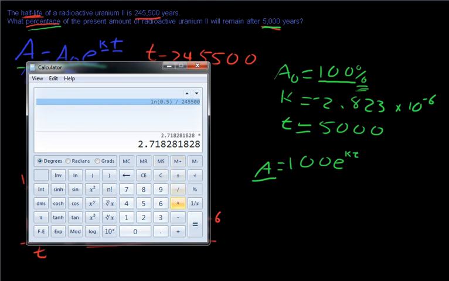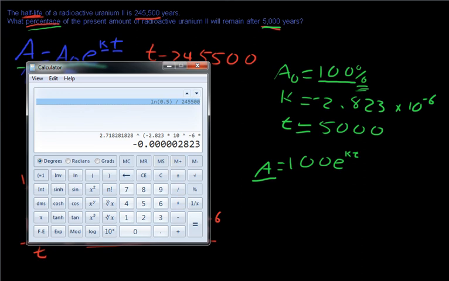Raised to the power of, now this is where we use this number here, negative 2.823 times 10 to the power of negative 6.